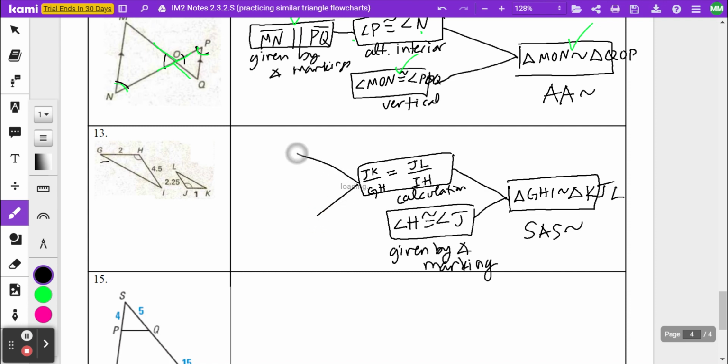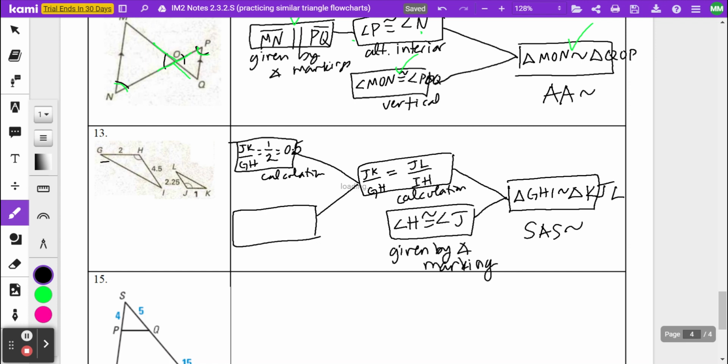Let's see. All right, so I've got JK over GH, which is 1 over 2, by calculation. I'll write that as the decimal 0.5 because decimals are universally comparable, but you could leave it as a fraction.